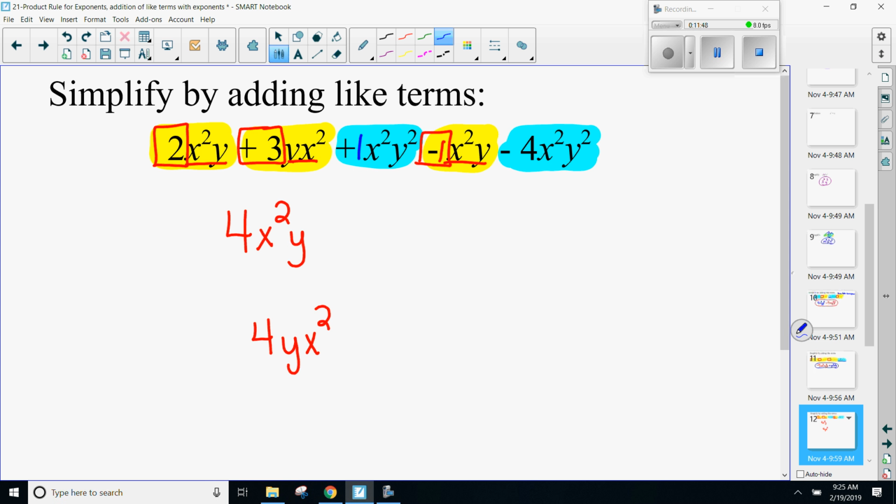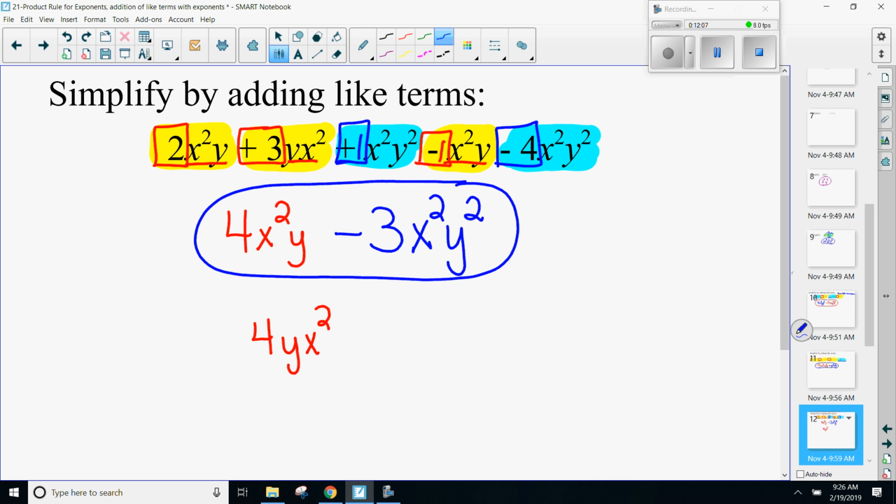This is a 1. This is x squared y squared, x squared y squared. So we have 1 minus 4, which is negative 3. X squared y squared. You could have it as y squared x squared.